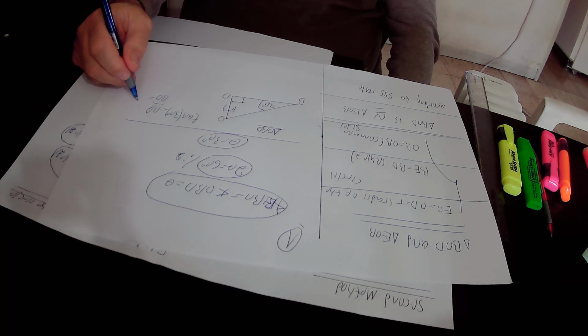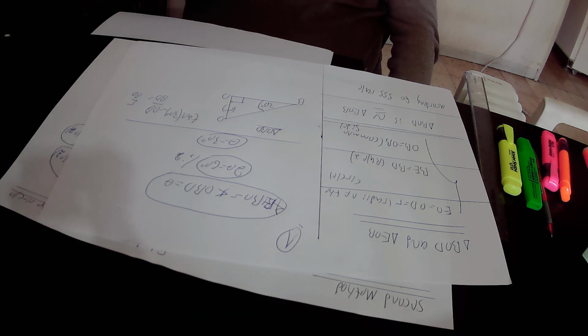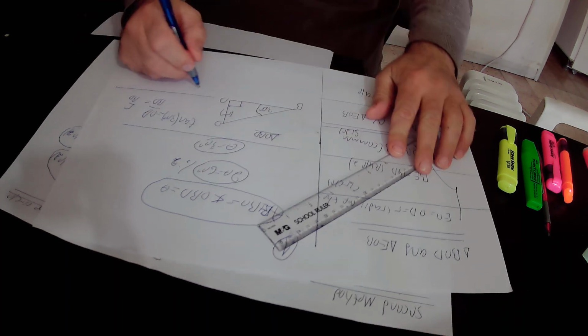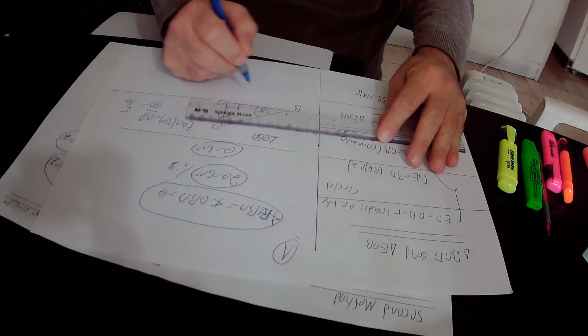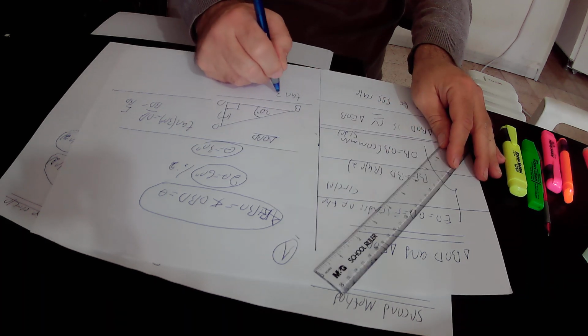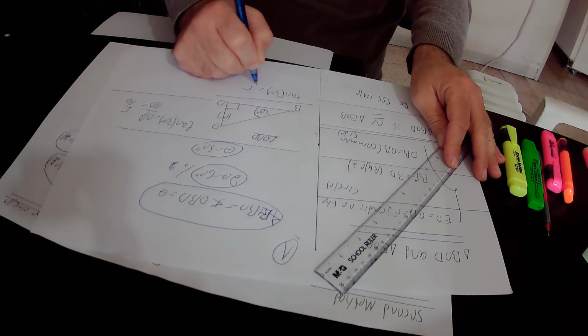OD is R, so it is R over BD. In conclusion, we found out that tangent 30 degrees equals R over BD.